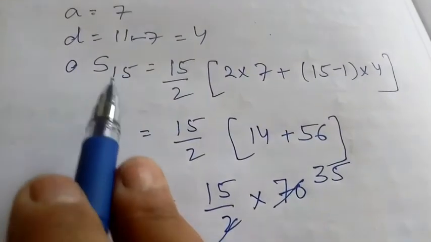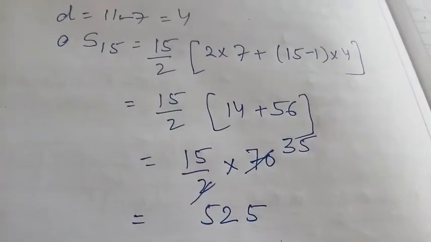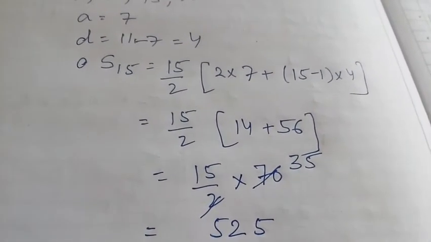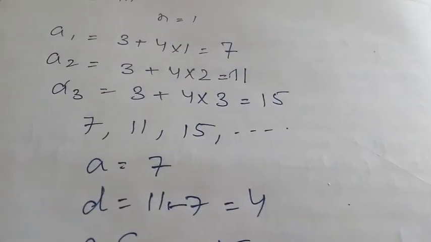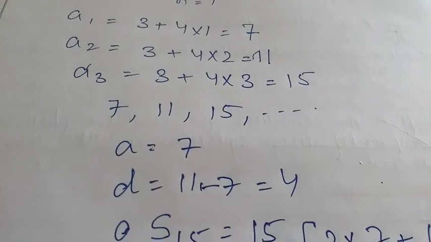The sum of first 15 terms is 525. You can find the second one by this same method of the series. Thank you.